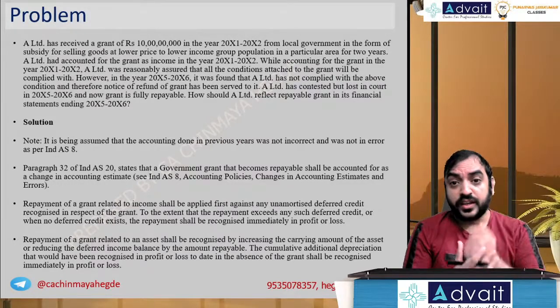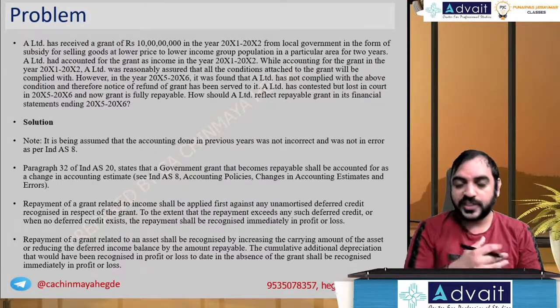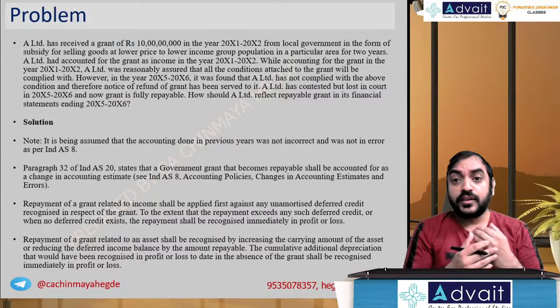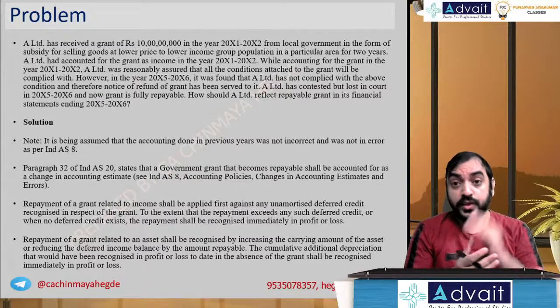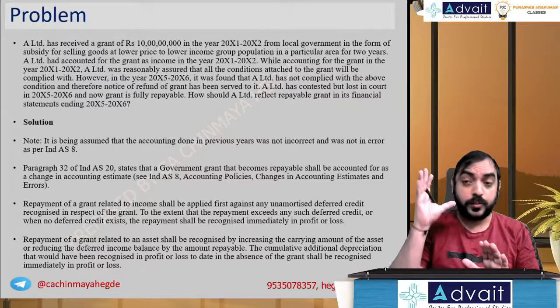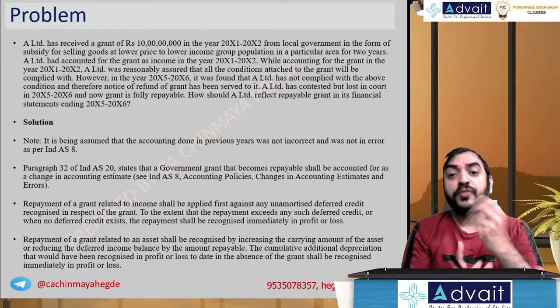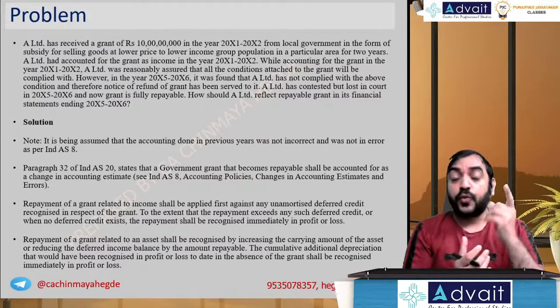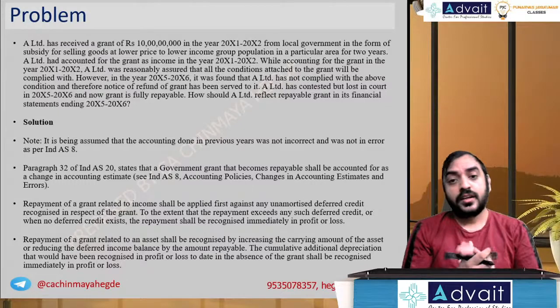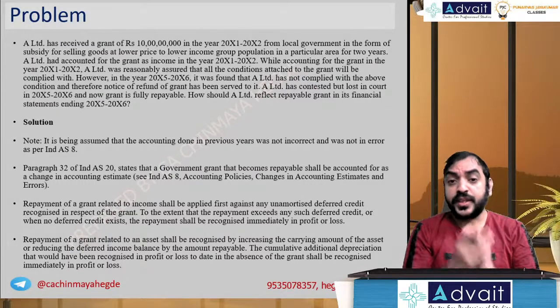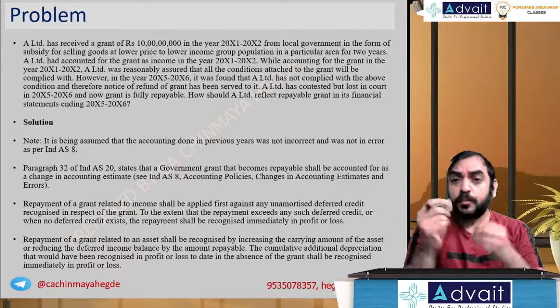When LPG cylinders come to you, it comes at a subsidized rate. The company which makes that LPG will give you at, let's say, 1,000 rupees, and you don't have to pay the full 1,000. You pay only like 850. 150 rupees will be paid by the government.